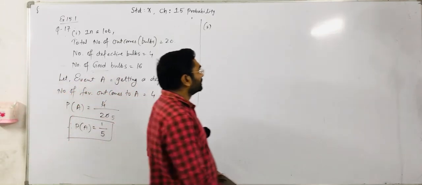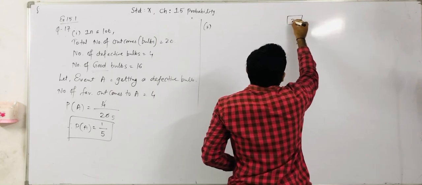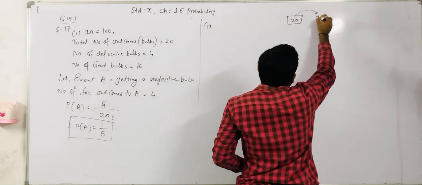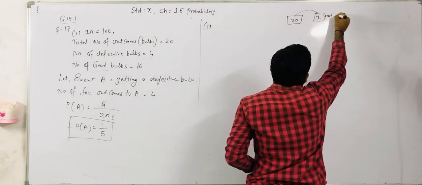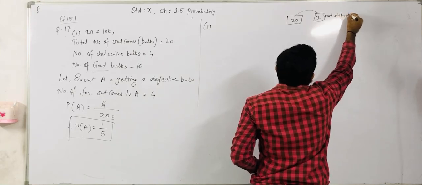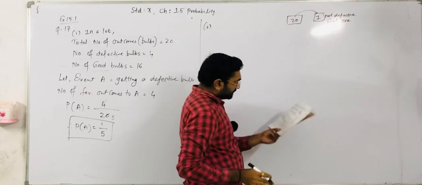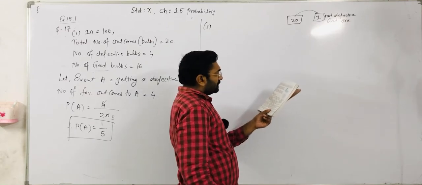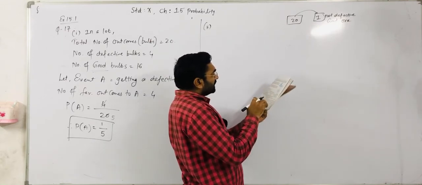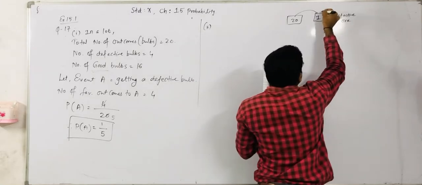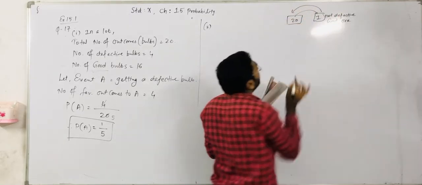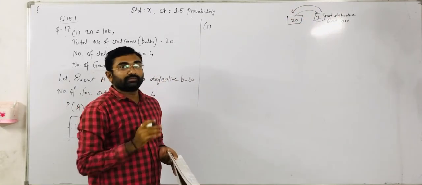Not replaced means what? Suppose there are 20 bulbs given. If you take one bulb which is not defective, a good one, this good bulb you take from the lot. As per the question it is not replaced, which means that good bulb we must not put in the lot again.